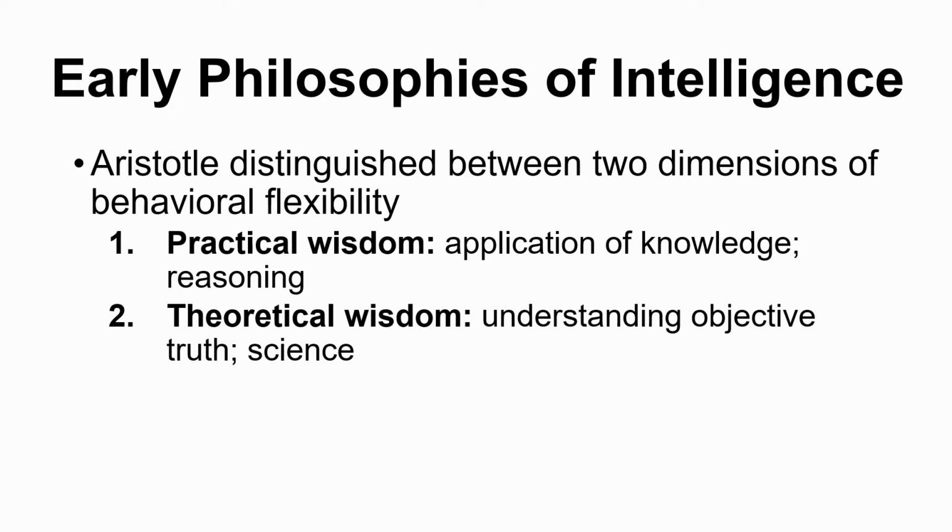So one of them is focusing on understanding and having this broader idea of what should happen, and practical wisdom is focusing in on the application and use of the information that you have available to you. So that's one of the earliest philosophies of intelligence.